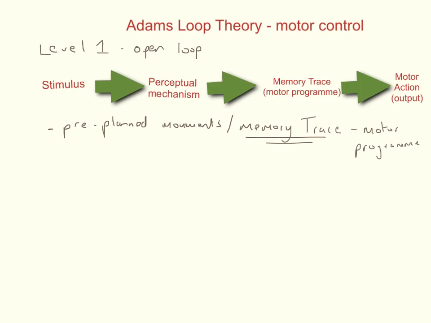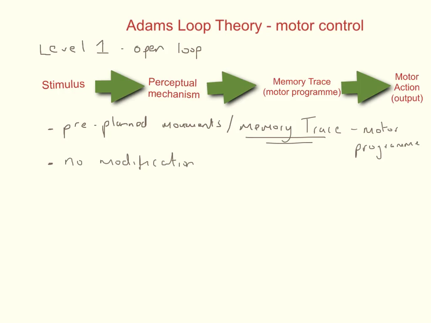Now, level 1 control, or level 1 open loop, has no modification. So once the motor program has been initiated, there is no modification or adjustment to that movement.